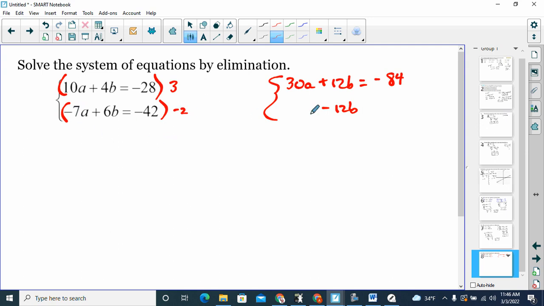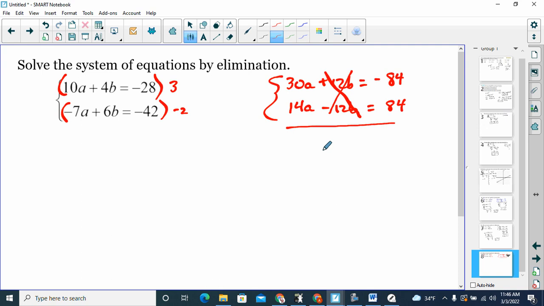Negative times negative is positive 14a. Positive 6b times negative 2 gives me negative 12b. That's what I wanted there. Negative 42 times negative 2. Negative times negative is positive 84. Adding my equations together, these cancel.